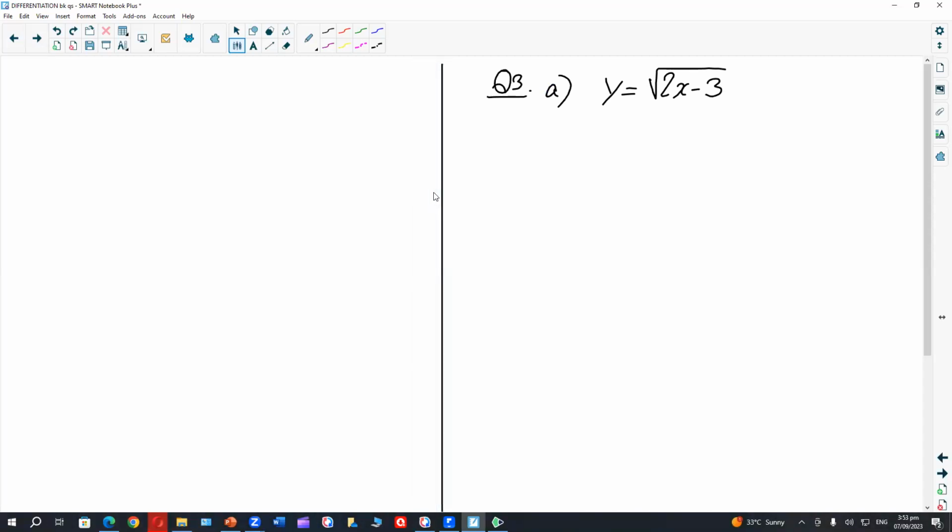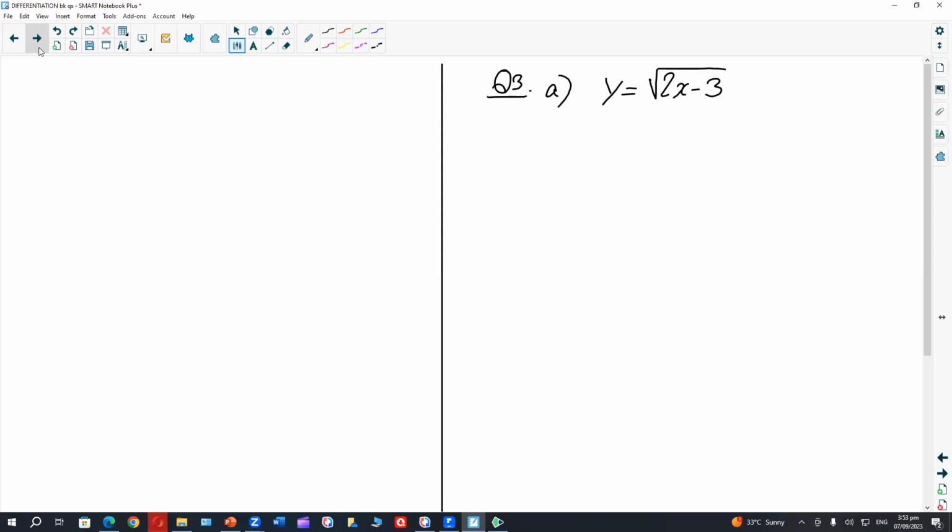Copy this question and solve it. Y is equal to under root 2x minus 3. Is the answer 1 over 2x minus 3?